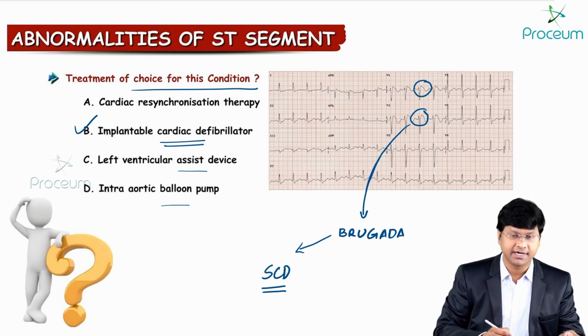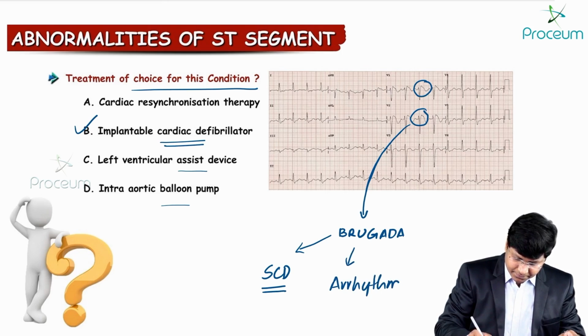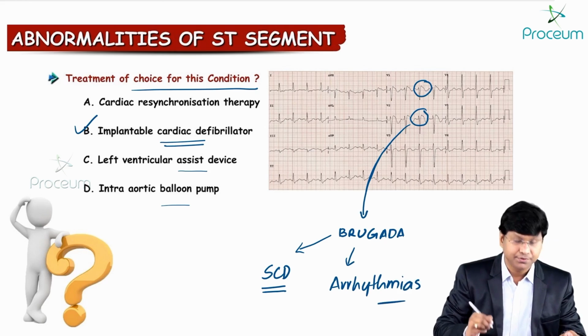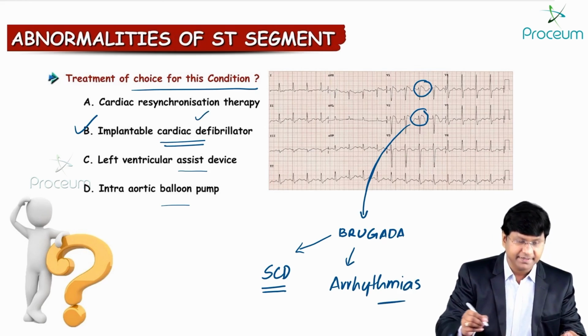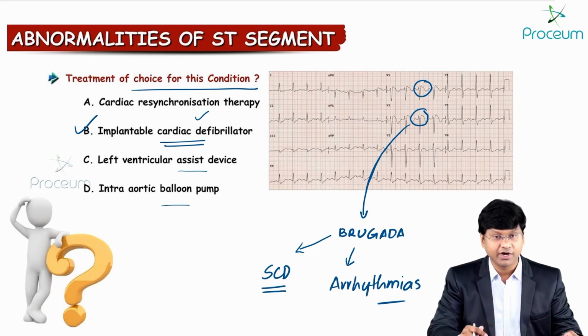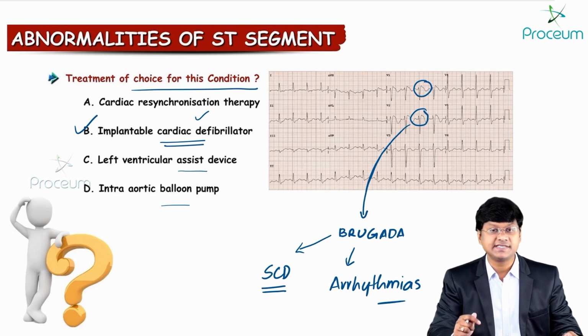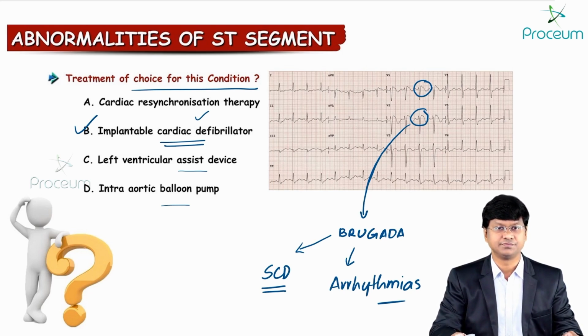These patients with Brugada syndrome, they will die due to arrhythmias. Now, in order to prevent this death due to arrhythmias, we need to place the implantable cardiac defibrillator in these patients. So, what I want to tell you here is ST segment elevation is also seen in Brugada syndrome.